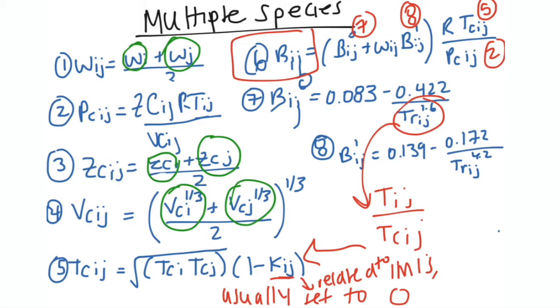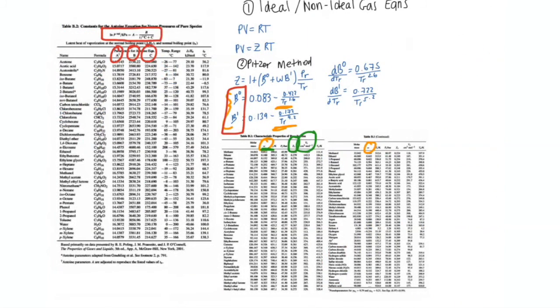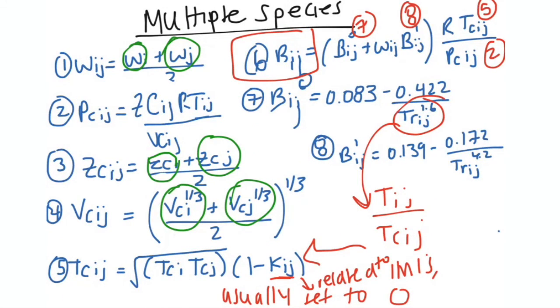So you can use these, it's still going to work, but you can just use the equations I showed you originally. So that would be these ones here under Pitzer method, okay? Beta naught, beta 1, okay? And then, yeah, it's pretty straightforward to find your beta naught and beta 1, okay? Or you could just use these for B11, B22, B12, B21. Doesn't matter, okay? So that's how you find those betas.